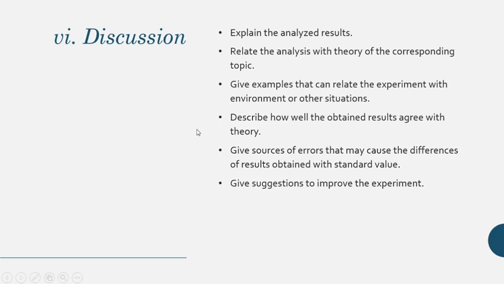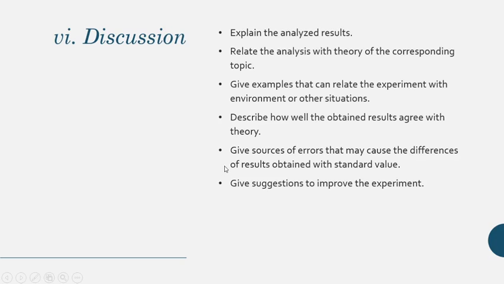Next, you should be able to describe how well the results that you obtain agree with the theory. You can talk about the percentage error between the standard value and your experimental value. That is one way to compare the results with the theory.